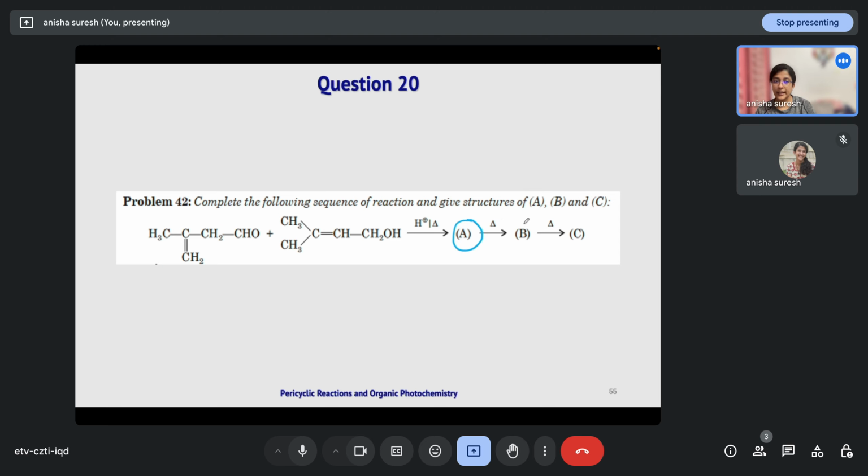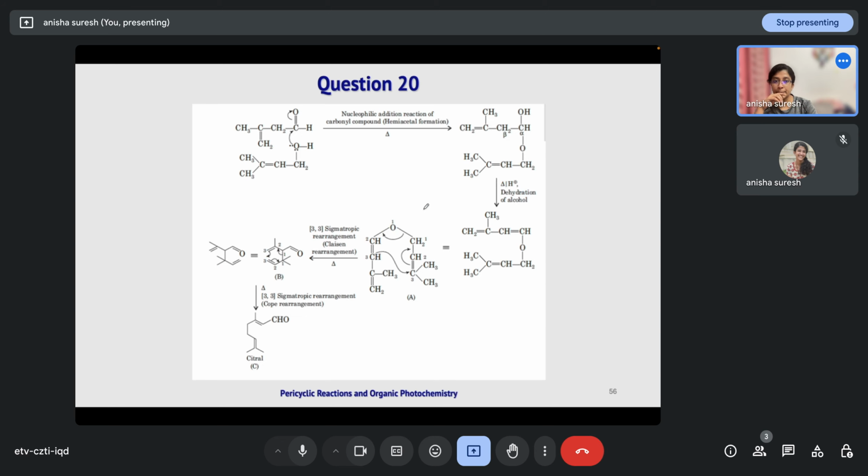So you have to identify A, B and C. So first, this alcohol will attack the aldehyde, resulting in the formation of a hemiacetal.